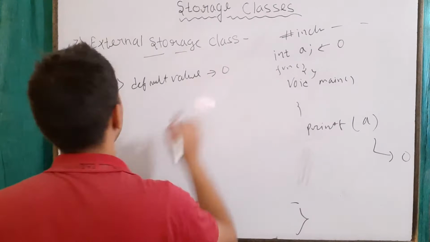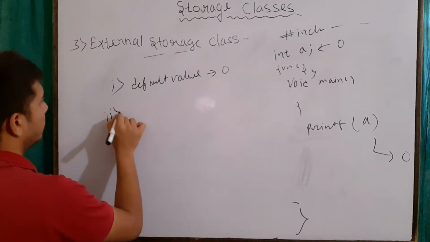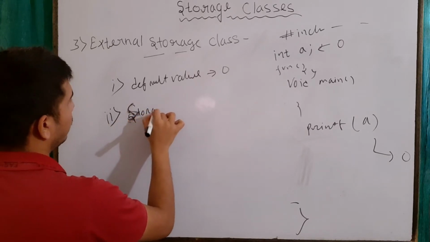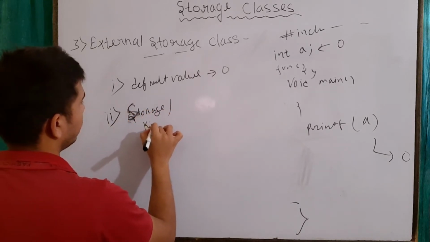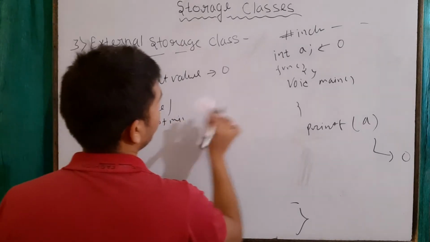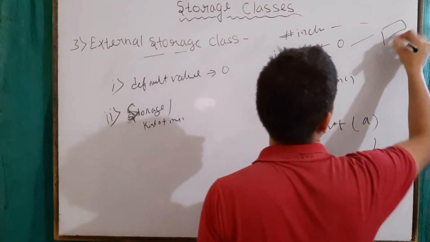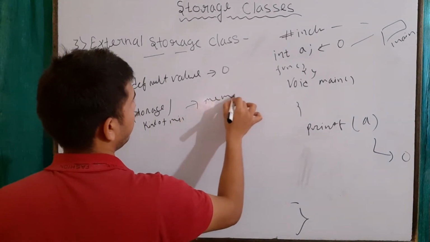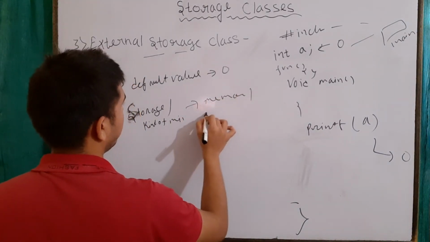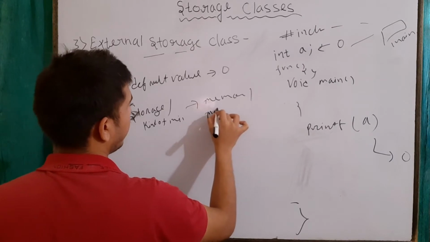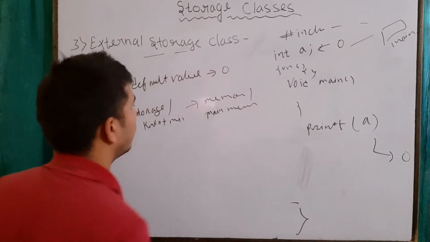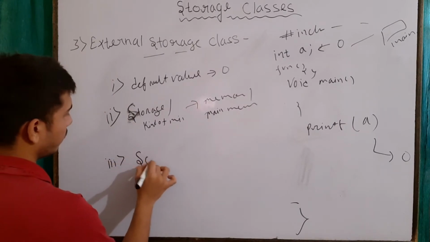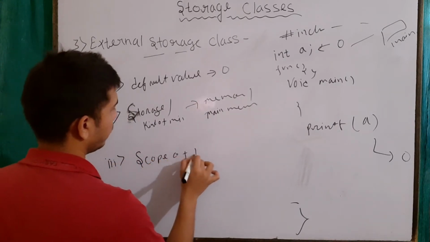Default value 0. The second thing is what is the storage, or kind of memory. The variable is going to be stored in the main memory. Now the third thing is the scope of the variable.